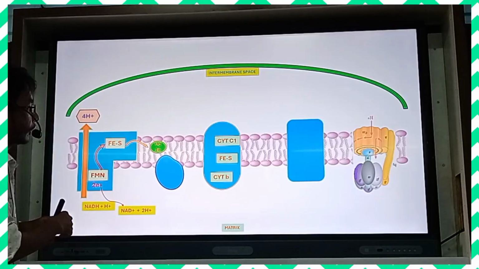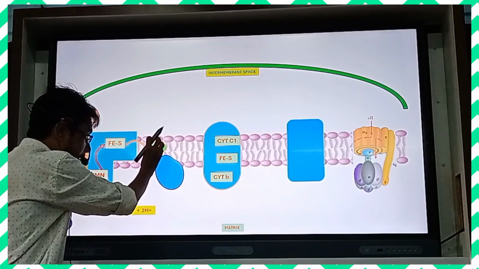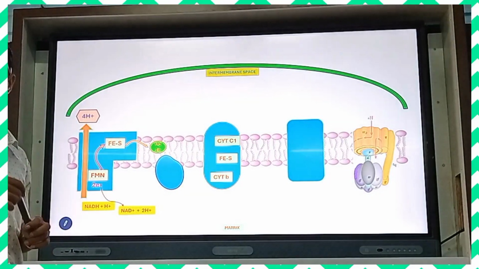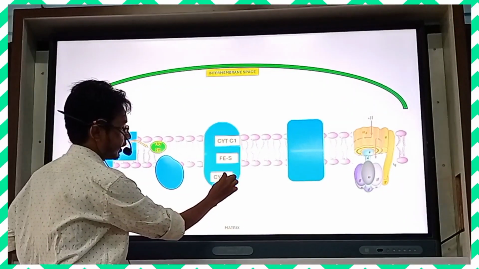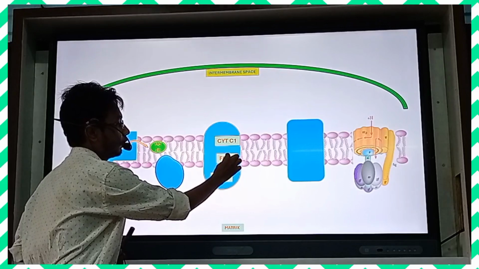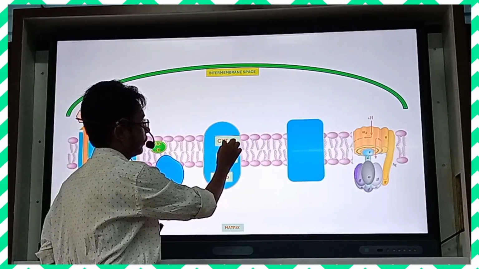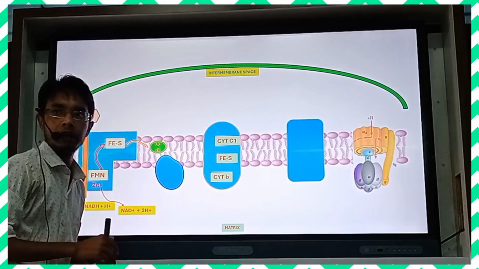Ubiquinol gives one electron to the cytochrome b and another electron to the iron sulfur protein. Then electrons pass to the cytochrome c1.